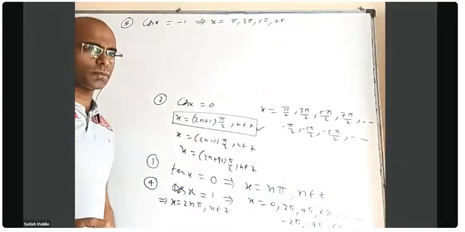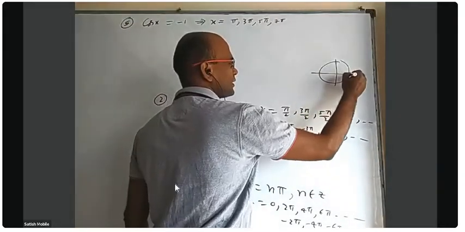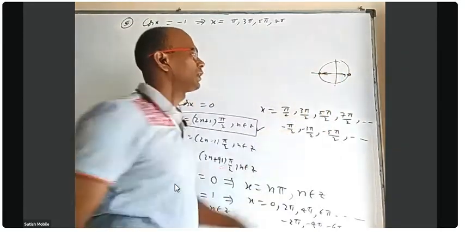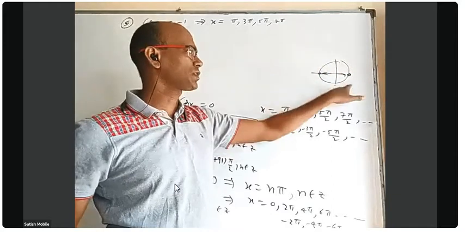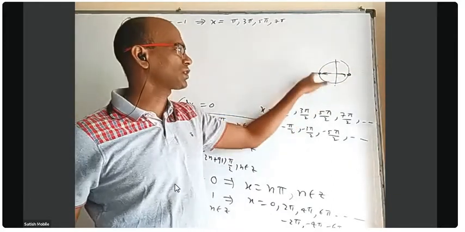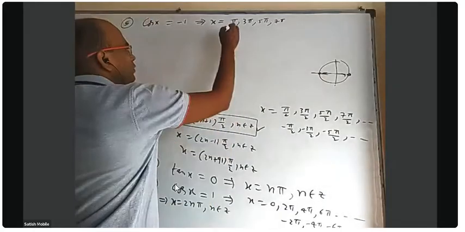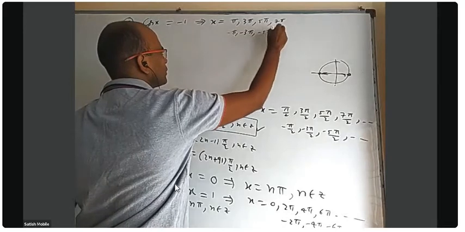Basically odd multiples of pi, because cos is 1 here and minus 1 is here when you take the direction. This means 0, next rotation 2 pi, next rotation 4 pi, next rotation 6 pi. This means pi, next rotation 3 pi, next rotation 5 pi. So I can even write minus pi, minus 3 pi, minus 5 pi, minus 7 pi.